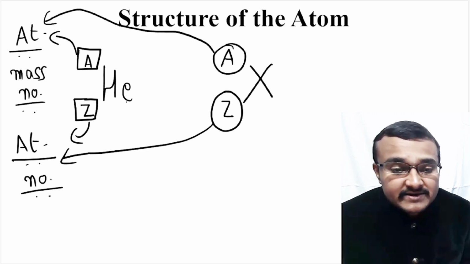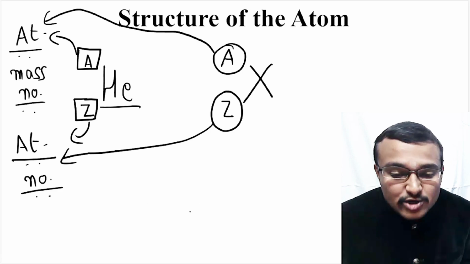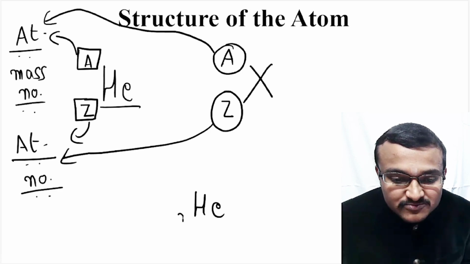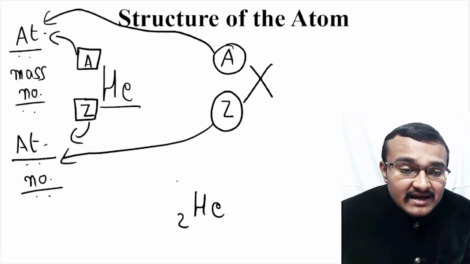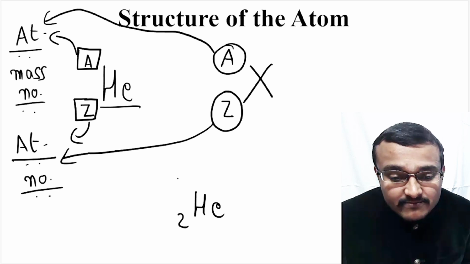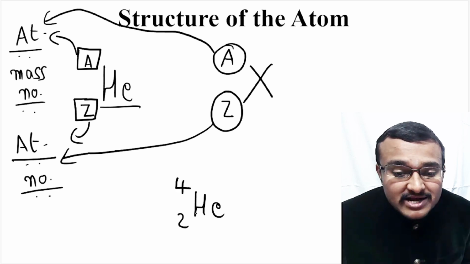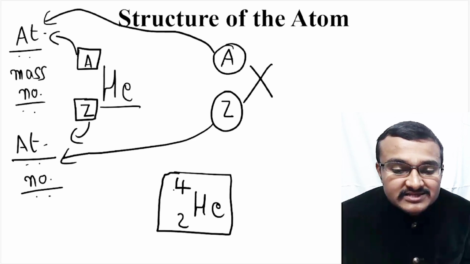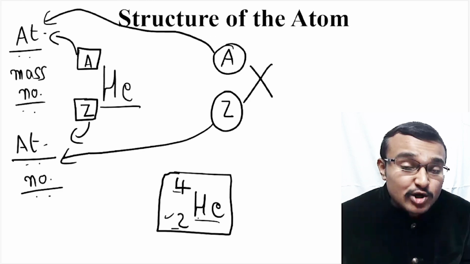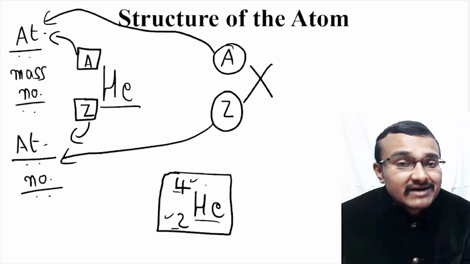Helium has 2 as its atomic number, so I write 2 at this position, and it has 4 as its atomic mass number, so I write 4 at this position. If I write He with 4 and 2, that represents helium with atomic number 2 and atomic mass number 4.